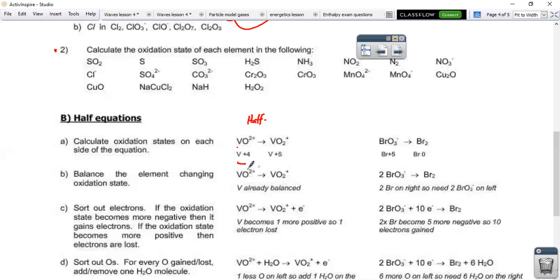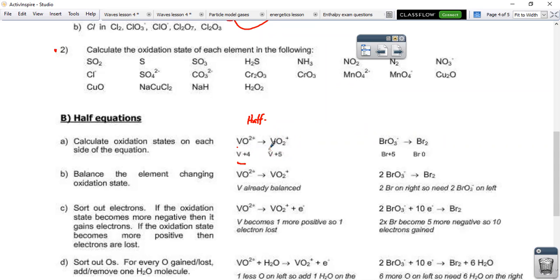Then the next part of the rule is that we balance the element that is changing oxidation state. You can see here that the vanadium has gone from +4 to +5. How can it go from +4 to +5? Only if it loses an electron, because oxidation is loss.